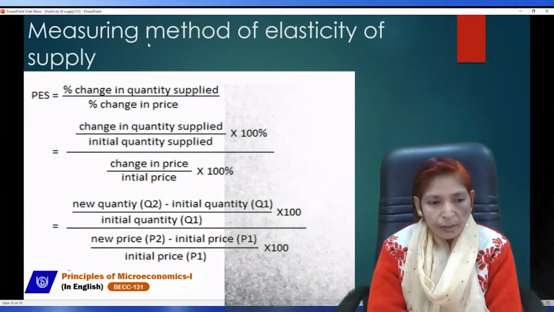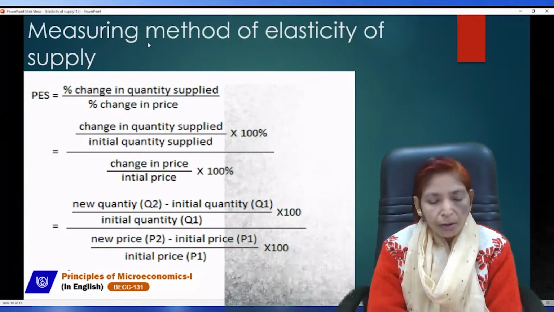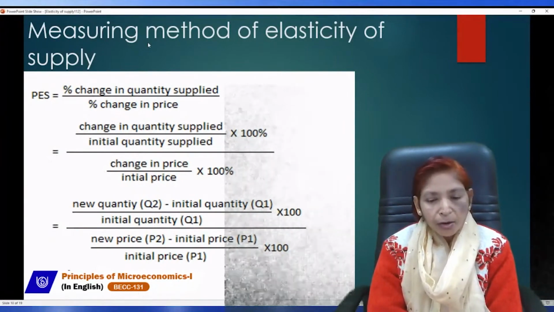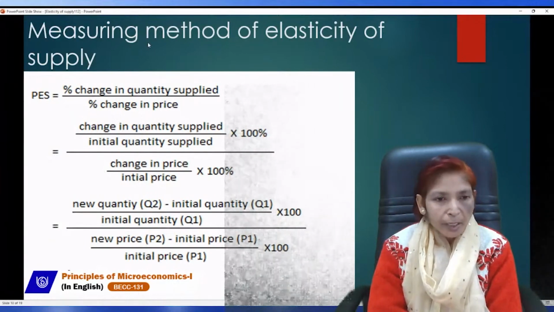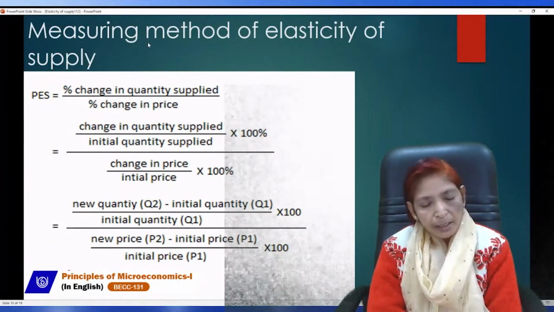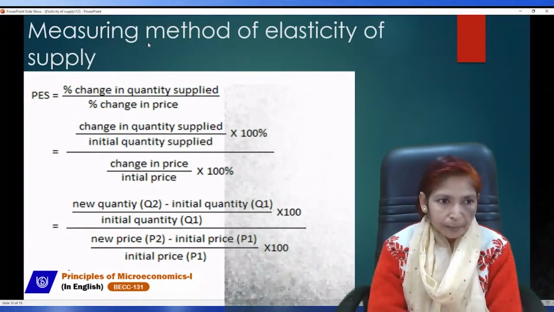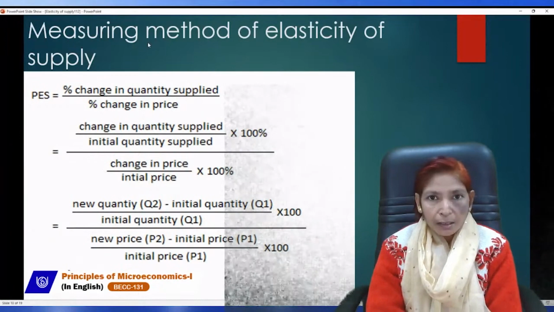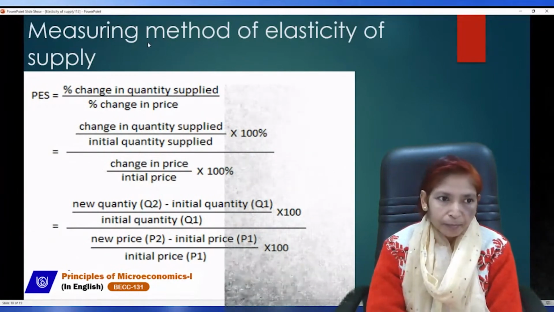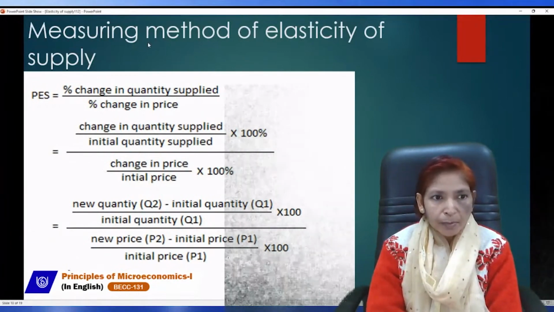If we are given two price levels or three price levels, or a table of price and different quantities, we can estimate elasticity of supply by using this formula. So this formula is very important for calculating elasticity of supply. There are two formulas. One is percentage change.